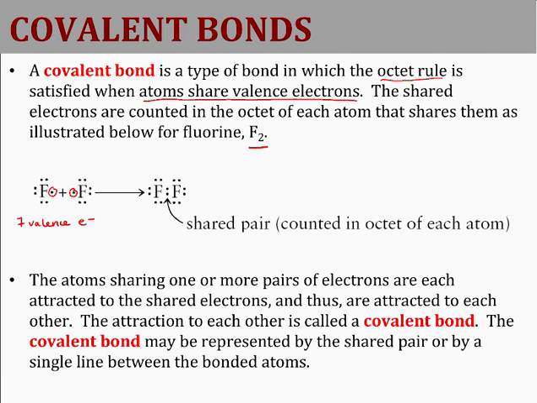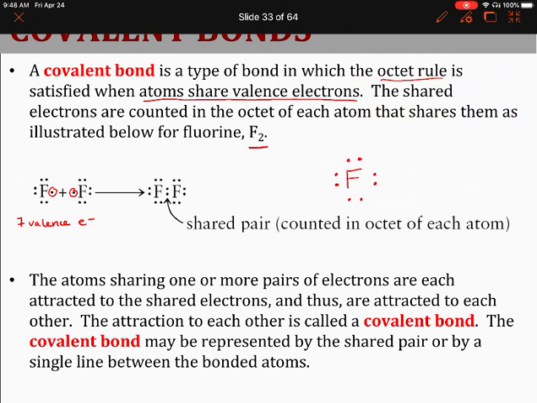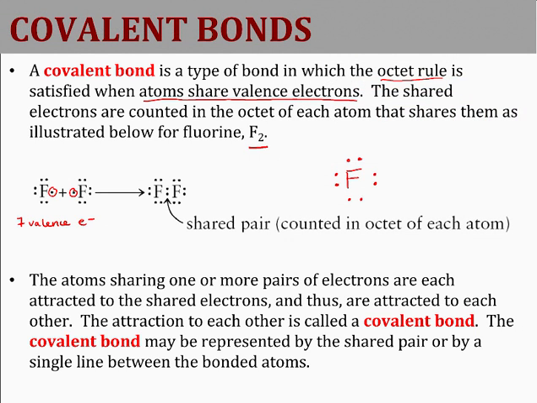So for instance, I'm going to draw this a little bit bigger off to the side. And then I'm going to draw the other fluorine atom in blue. And then I'm also going to draw blue on top of the red there because those are shared electrons.